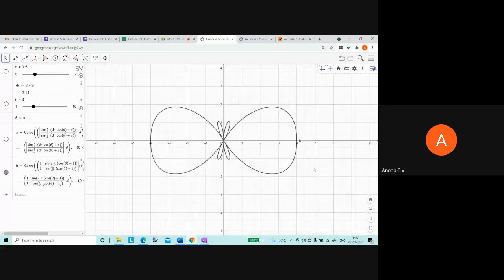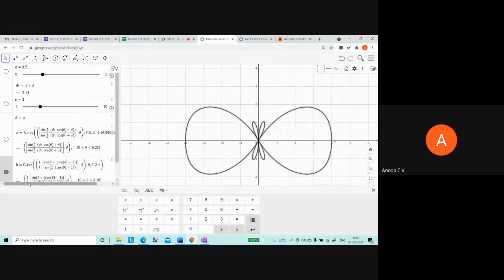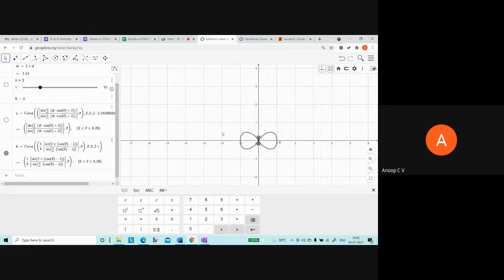If it is normalized, maximum will be 1. Otherwise, maximum will be 4. The shape remains the same. So I plotted the normalized pattern. When I divide it by 4, you can see what happens. So this is what is meant by normalizing. That's what I have to tell for today.